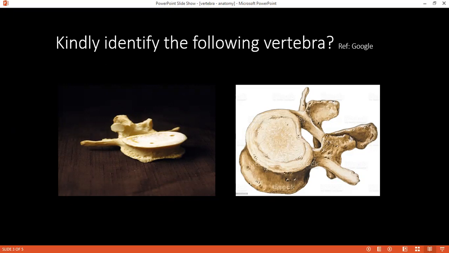There are certain changes in the intervertebral discs as age advances, and there are various pathologies associated with it due to protrusion of the nucleus pulposus. What type of joint is this? This is a secondary cartilaginous joint, ma'am. Okay, good.